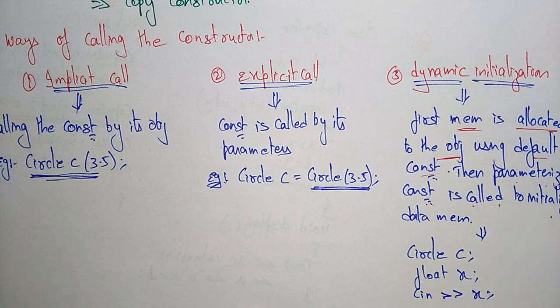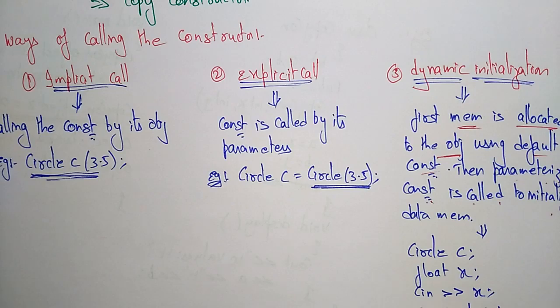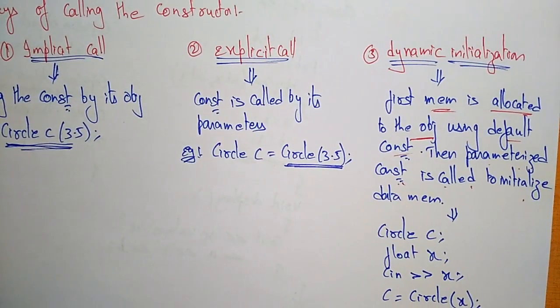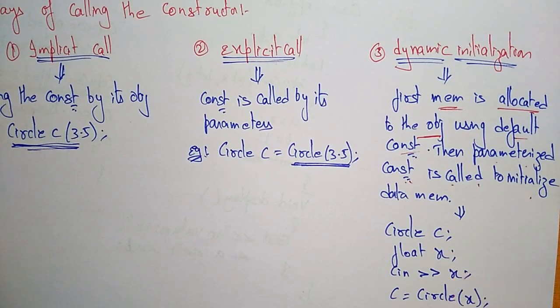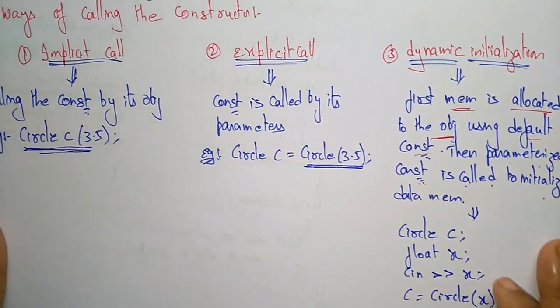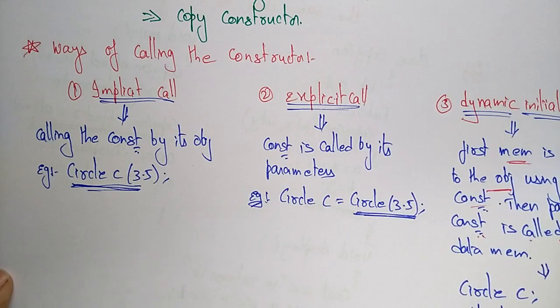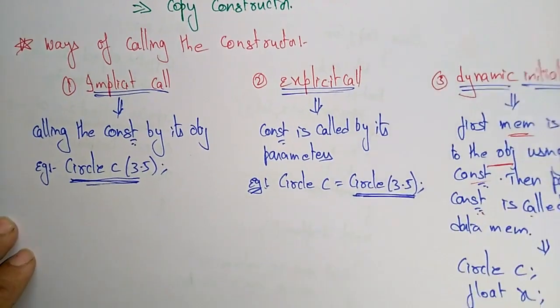After that C is equal to Circle(x). This x value will be entered by the user at the time of running the program. That you call a parameterized constructor. So this is the parameterized constructor, Circle(x). So these are the three different ways of calling the constructor. You can call the constructor by implicit call or explicit call or dynamic initialization.